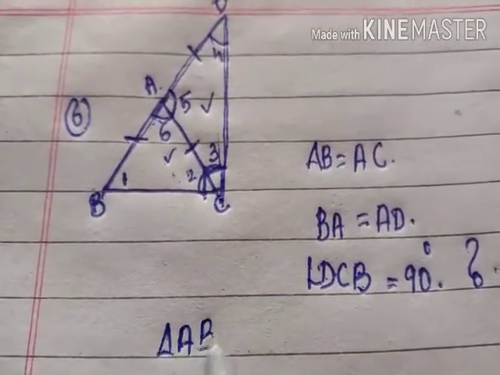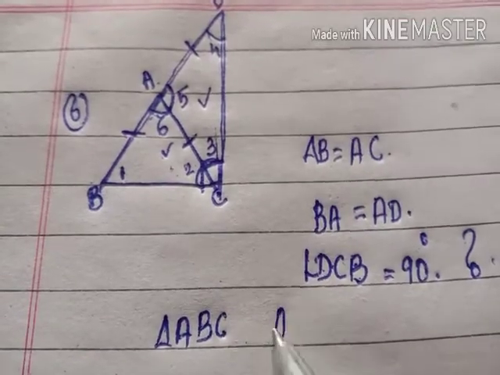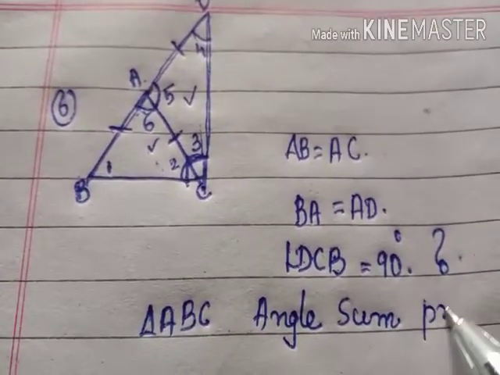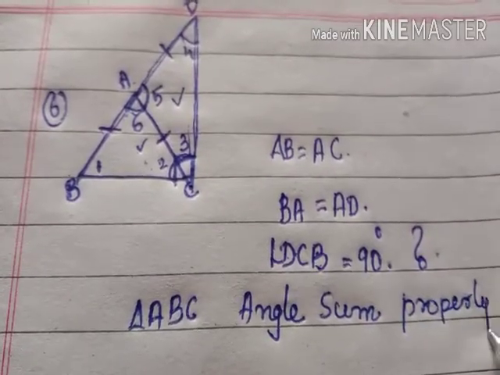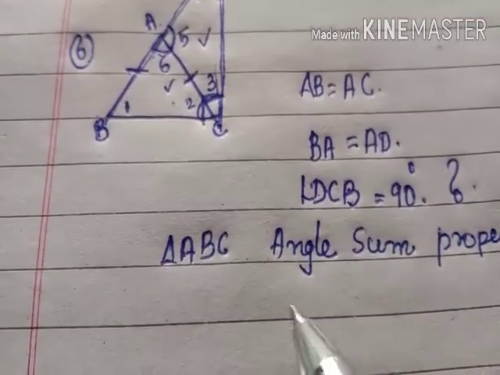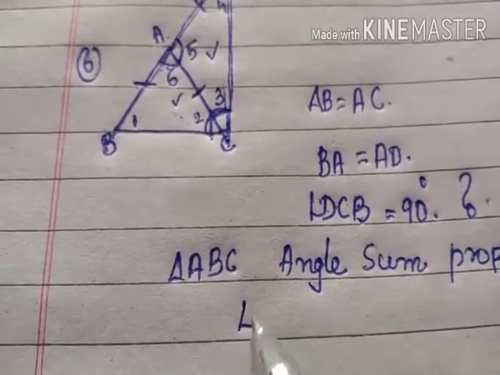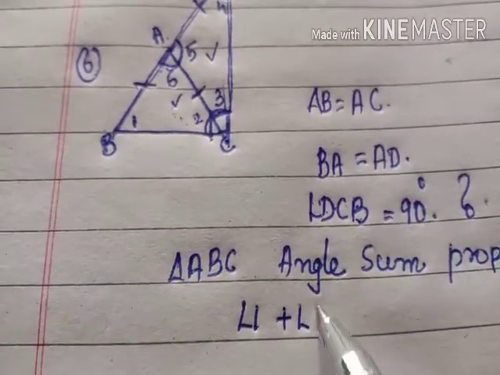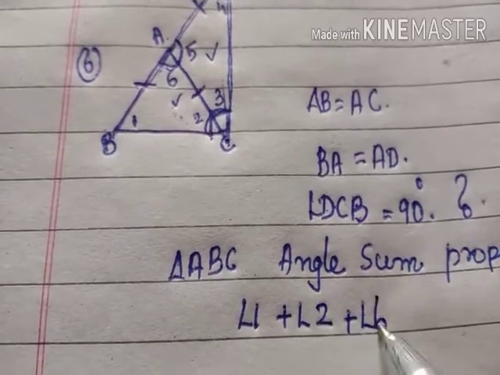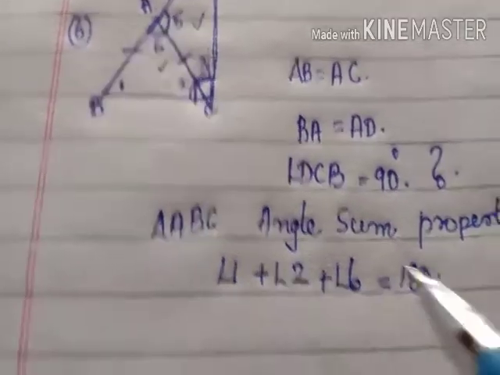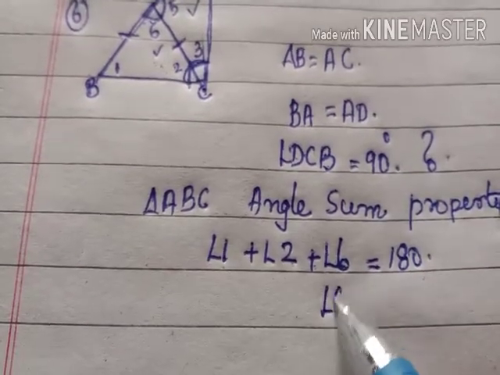In this triangle we are going to apply the angle sum property of a triangle. What is the angle sum property? Sum of all the three angles is equal to 180 degrees. So in triangle ABC, what are the three angles? Angle 1, angle 2, angle 6. Therefore, their sum equals 180.